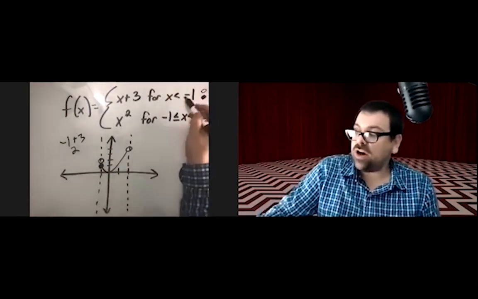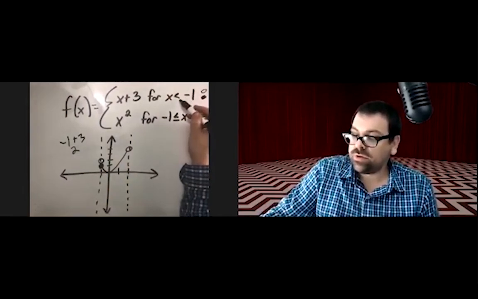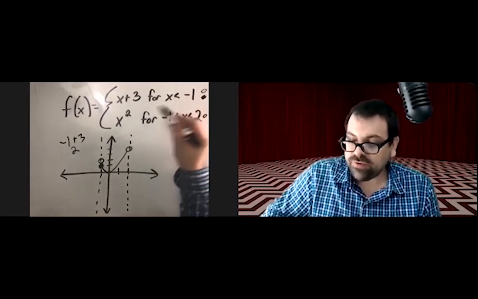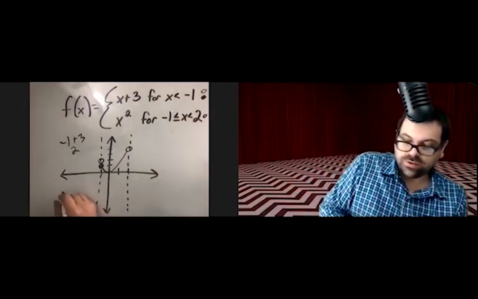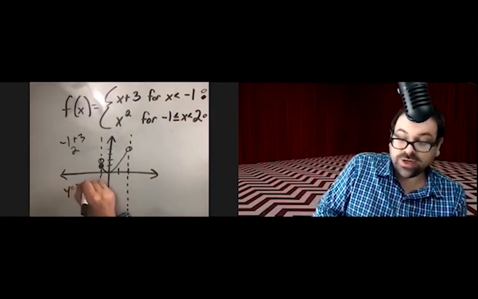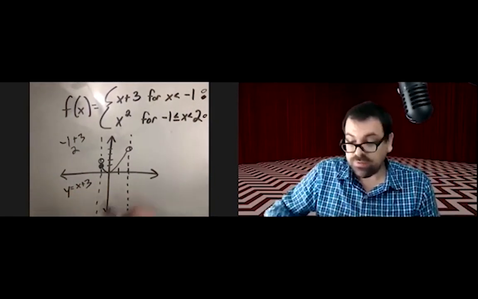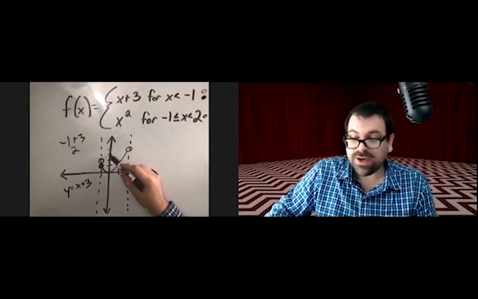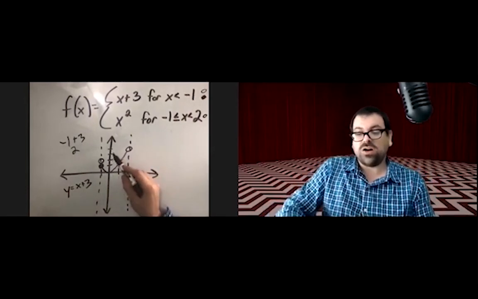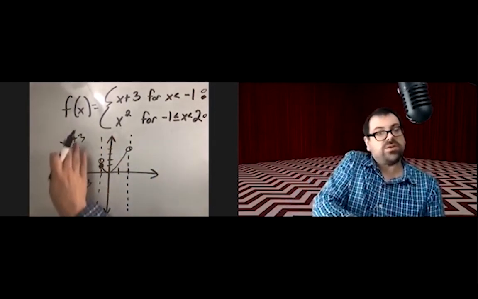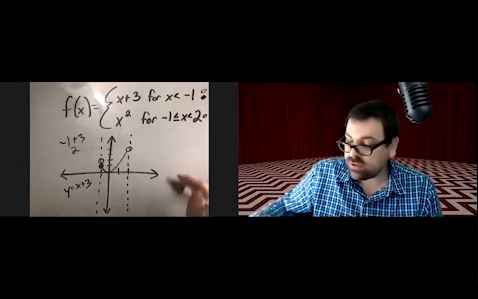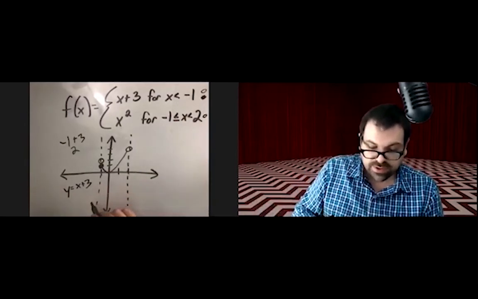Off to the left, off the open circle, we have a graph y equals x plus 3. The y-intercept would be 3, 1, 2, 3, but it's in the wrong part. This x plus 3 has to be the graph over here on the left, so we can't use the y-intercept.